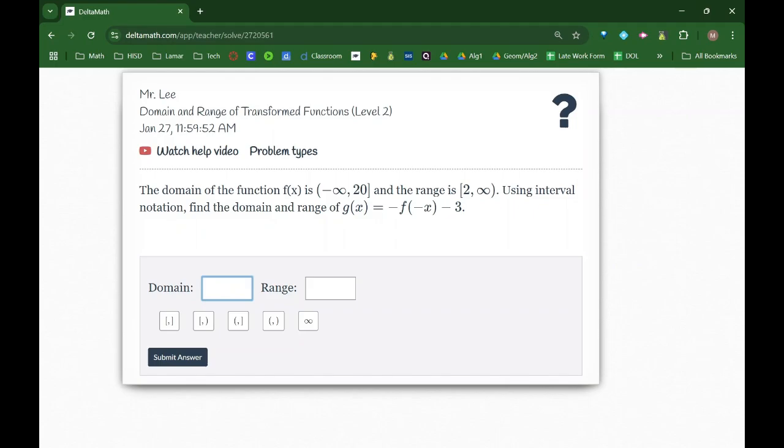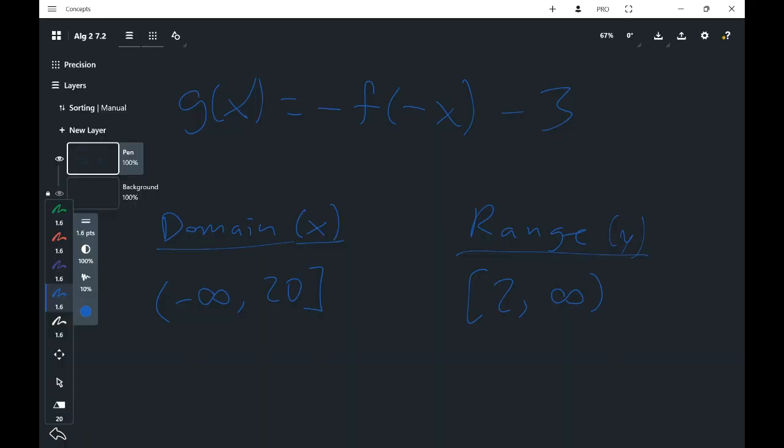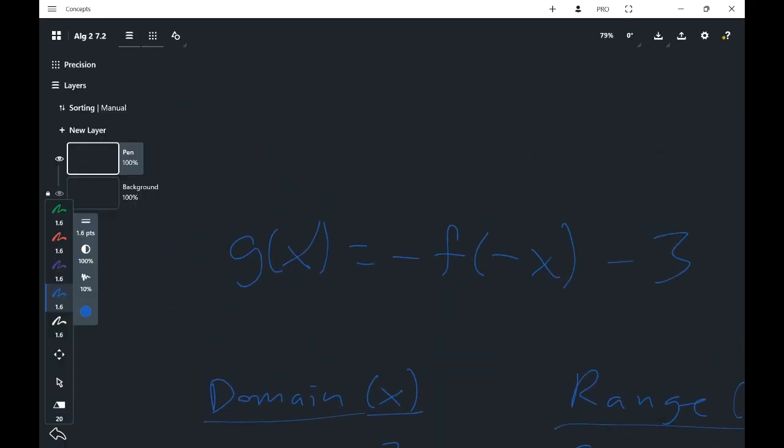Okay, make sure I got everything right. Cool. Now, let's break this down step by step. So, negative on the outside, this is a reflection over the x. And remember, if we're reflecting over the x, that means my y values need to become inverted. So we invert y. Now this negative here, this is a reflection over the y.